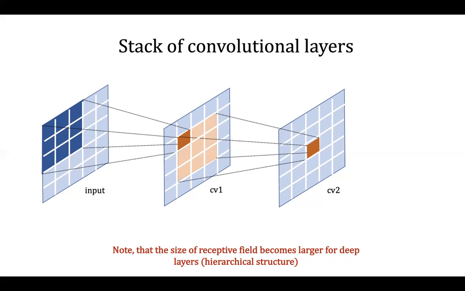So basically it means that a neuron which is deeper in the network is connected to the whole input indirectly, because it's connected to all of these neurons in the first layer. I hope it makes sense.